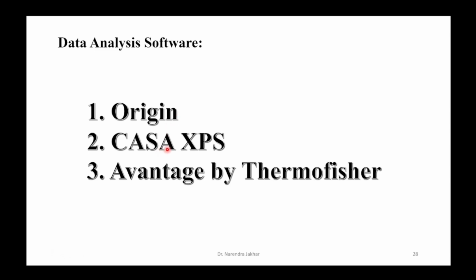The second is CASA XPS, which is very popular software, very versatile and used across the globe. And the third is Avantage by Thermo Fisher. The XPS systems made by Thermo Fisher use this Avantage software for data recording as well as data analysis.